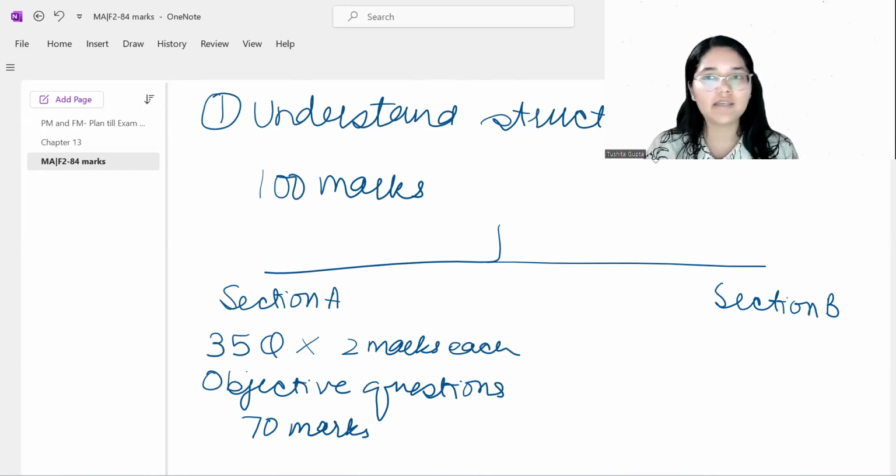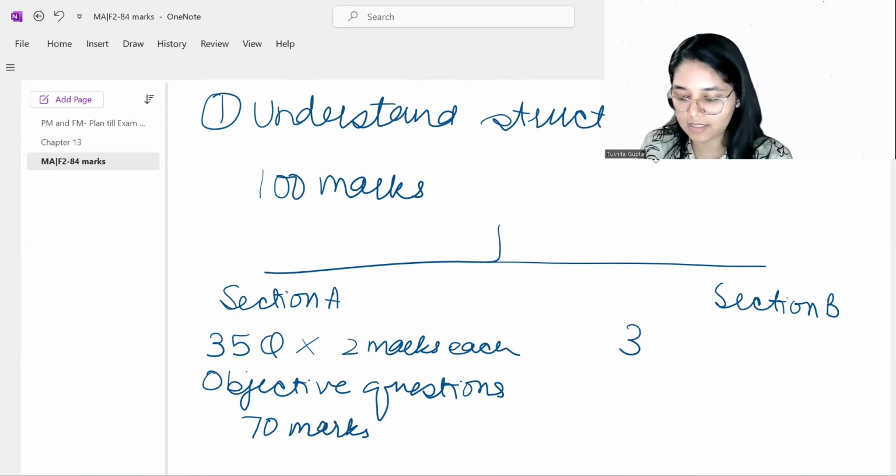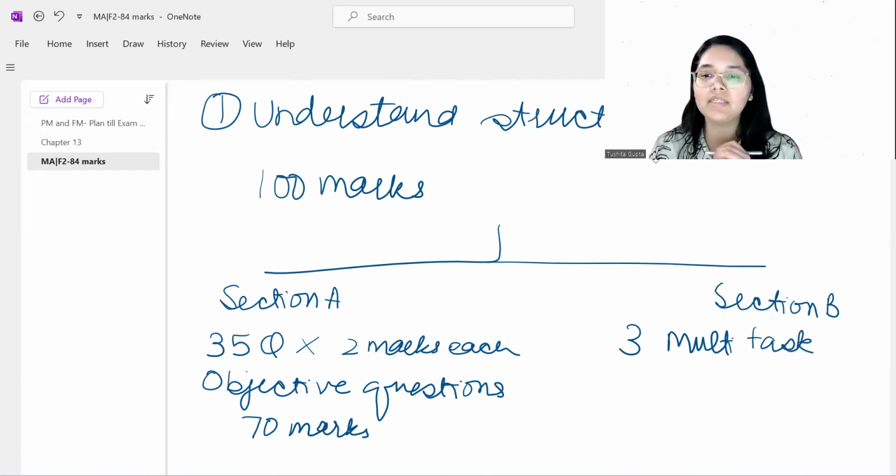Out of 100, 70 marks have been allocated to section A. Now your section B has 3 multitask case studies. That basically means you have 3 questions, and one question will have an entire case study, out of which you will have to answer multiple questions. That is why this is called multitask.